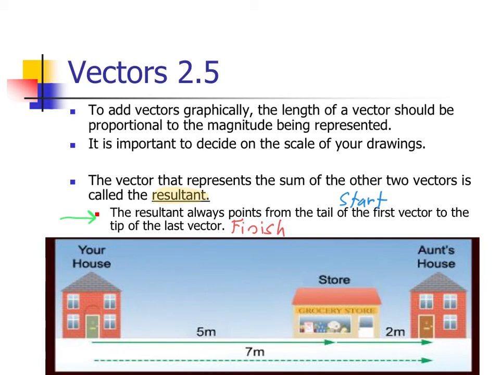Maybe it's 2 kilometers or 2 miles or whatever it is. The resultant would be going straight from one to the other. Now, this is in a straight path. The numbers are going nicely in one direction on a number line.